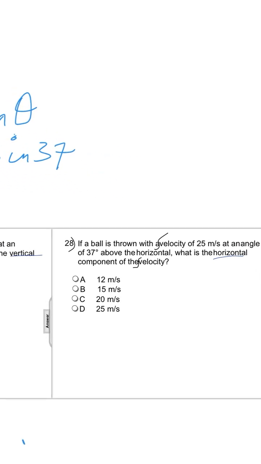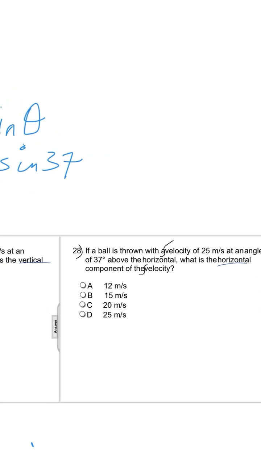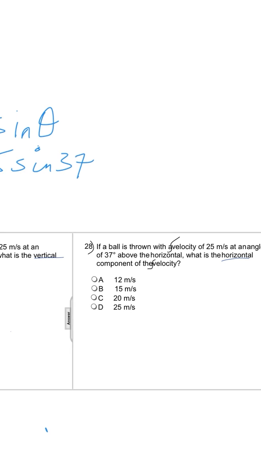And what would be the horizontal component? That's Vx. That equals V times cosine of theta.